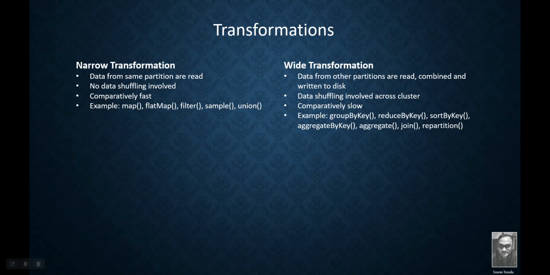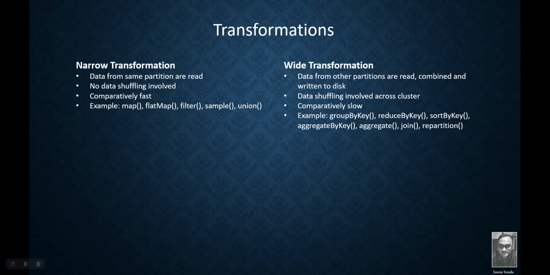In wide transformations, data from other partitions is read, combined, and written to disk, and data shuffling is involved, so it's comparatively slow. If you are asked for examples of narrow transformations, you can say map, flat map, filter, sample, union. There is no shuffling involved when you call these.